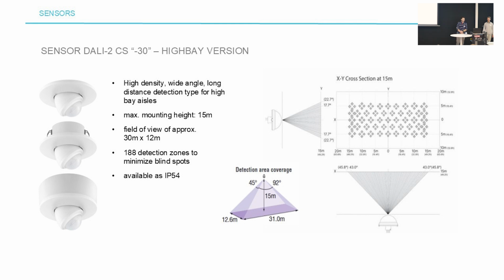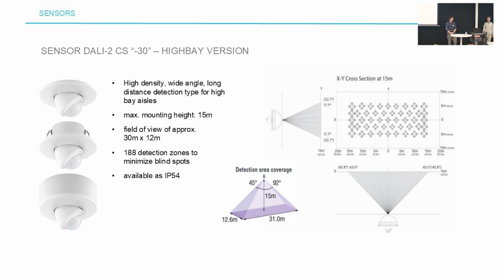So first, let's talk about the DALI 2CS -30 or the hybrid versions. This sensor is used for high ceilings, for up to 50 meters. It has a field of view of approximately 30 by 12 meters, and it has 188 detection zones.